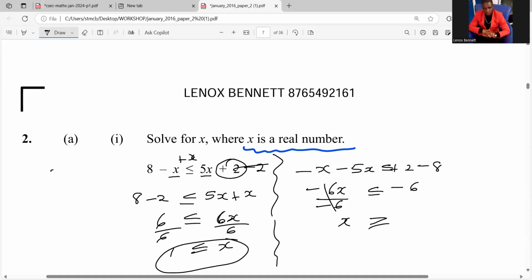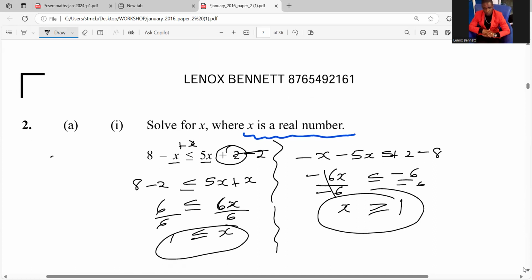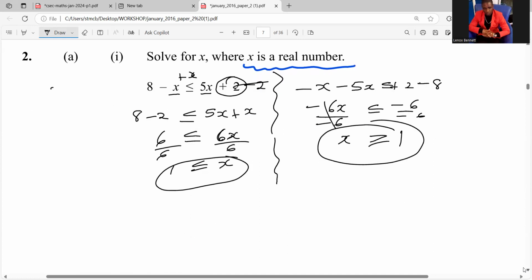So it's greater than or equal to 1. So x is greater than or equal to 1, or 1 is less than or equal to x. So yeah, this can work as well.